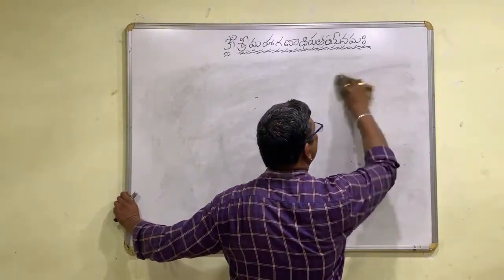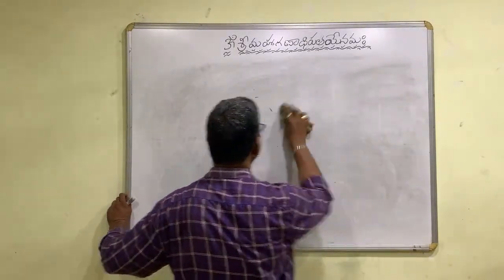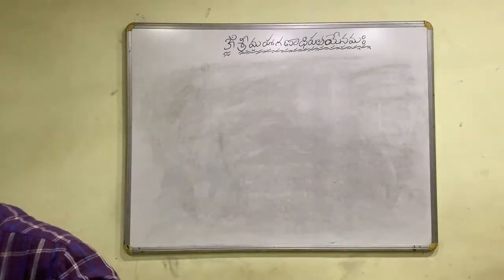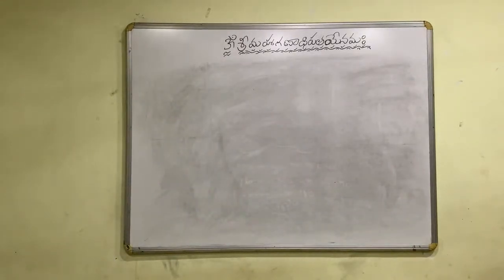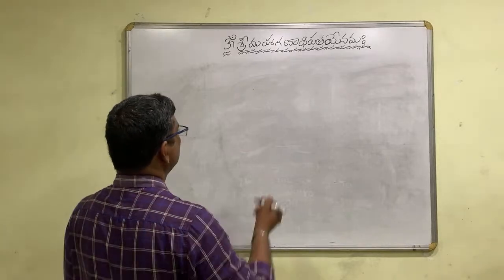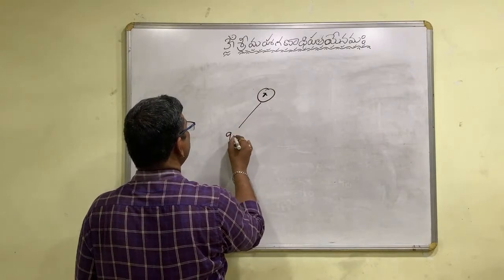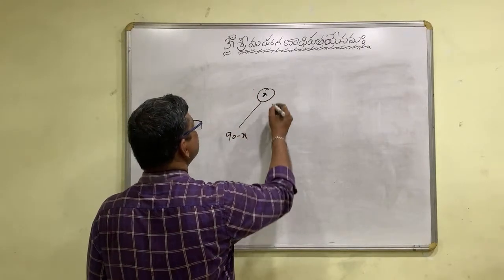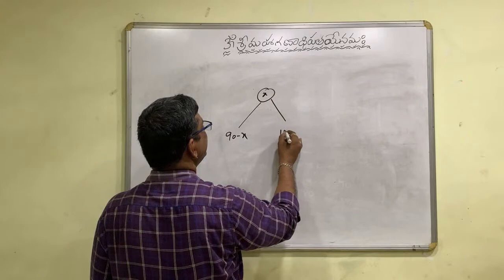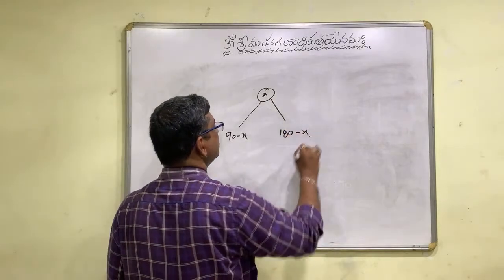So now I think supplement and complement are well understood. Let's do one more problem on this. Find the angle whose complement is 1/3 of its supplement. Let the angle be x. Its complement is 90 minus x. Supplement is 180 minus x.